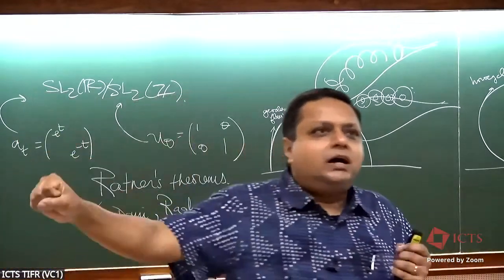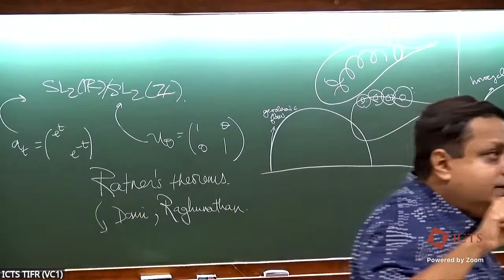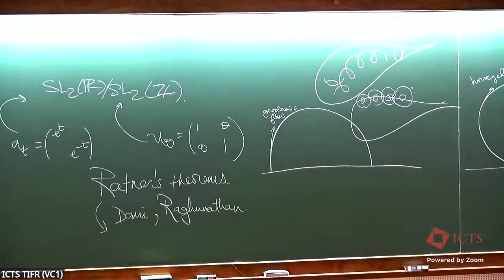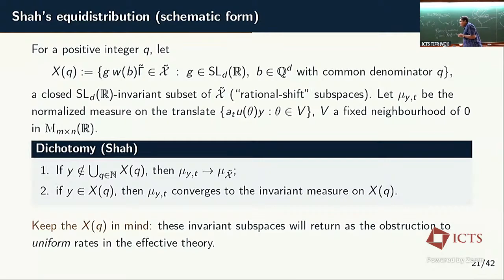If you don't start off in these countable family of subspaces, you're going to equidistribute in the whole space. That's his theorem. And this theorem makes essential use of Ratner's theorem and also something called Dani-Margulis linearization.